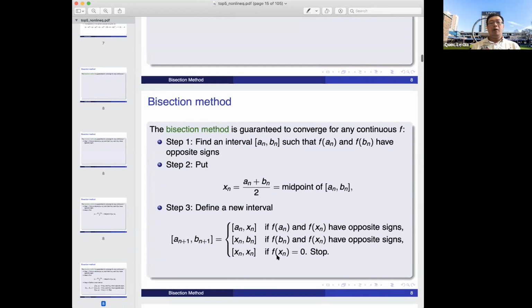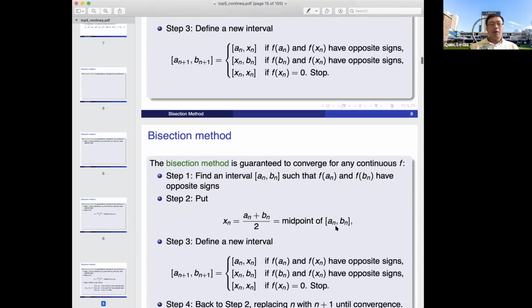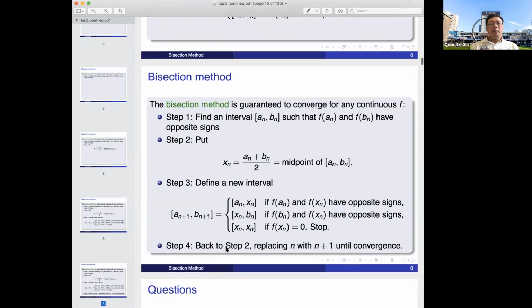Or if you check f(x_n) equals 0, then you stop. That is your 0 already. And then you just repeat. Repeating means that you go back to step 2 and find a midpoint again.